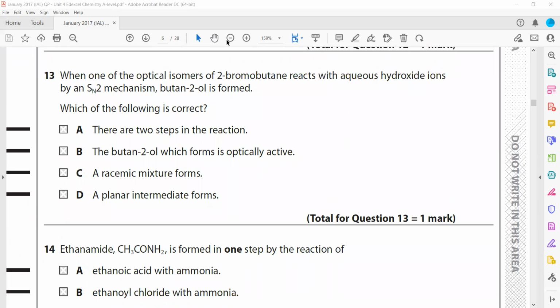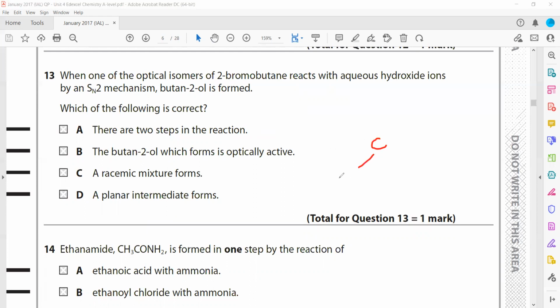In question 13, one optical isomer of 2-bromobutane reacts with sodium hydroxide by the SN2 mechanism. Which of the following is correct? SN2 mechanism means bond breaking and bond forming take place at the same time.